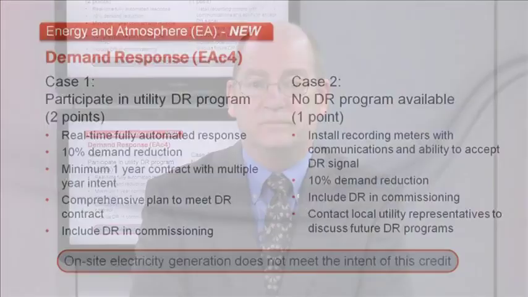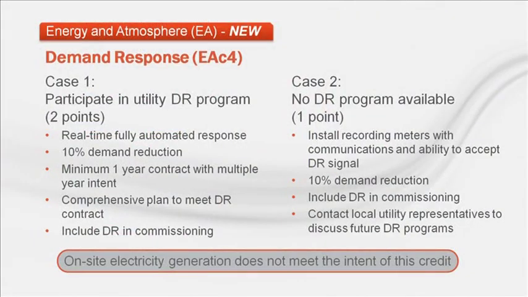One example is a thermal storage to shift cooling load. In fact, for existing buildings, thermal energy storage is specifically mentioned. The difference is that 2 credit points are available if there's a contract for demand response, while only 1 point is available if there is not such a program.